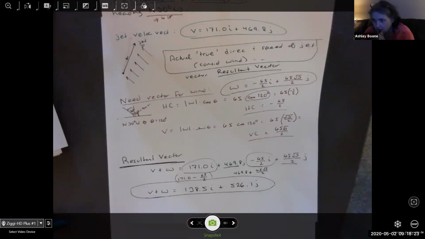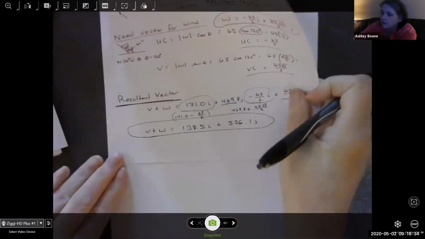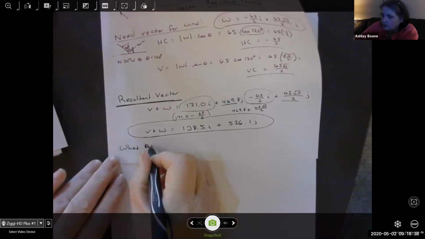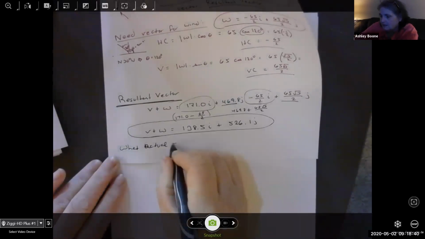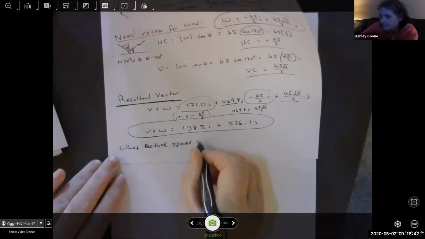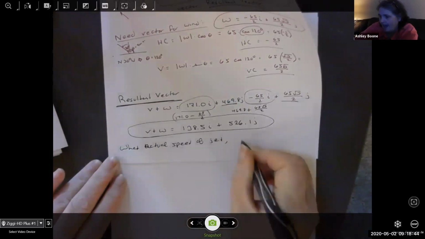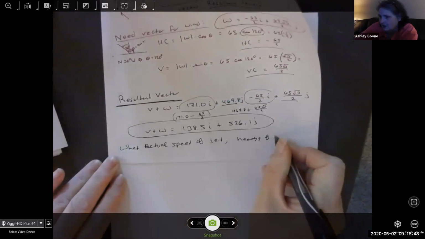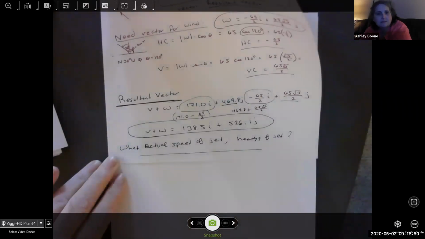If we look in the problem, now what I wrote down here, I did not have it. What if we wanted to know what is the actual speed of the jet and the actual heading of the jet? What's its direction? What's its speed?